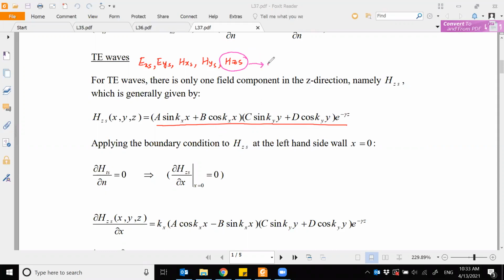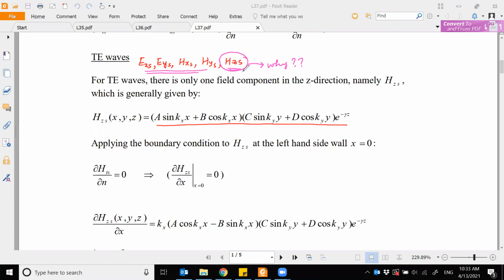Why this component, and why not the others? You can start with the others also. You can make EXS the general solution, apply the boundary conditions, and get the answer. But we usually go for this component for a purpose.